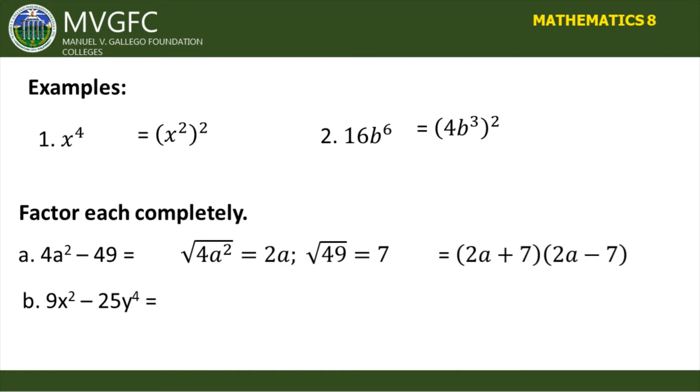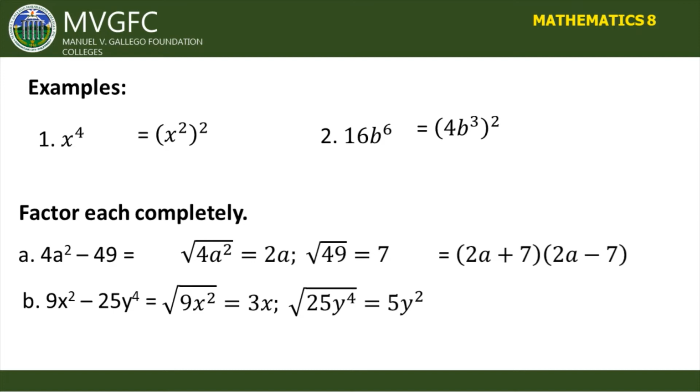We have 9x squared minus 25y raised to 4. Once again, we need to make sure that the two terms are both squares. The square root of 9x squared is simply equal to 3x because 3x times 3x is equal to 9x squared.